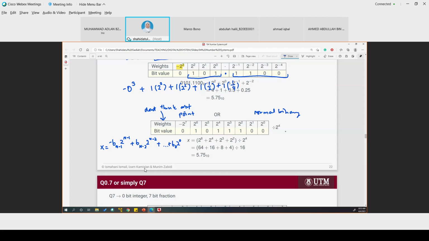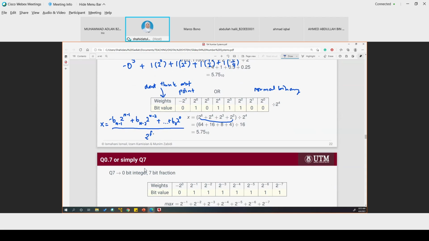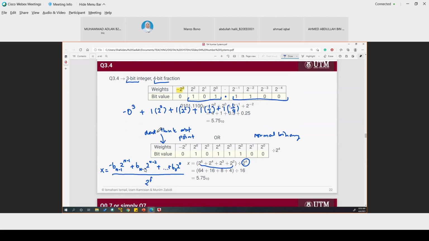Calculate this part as a normal binary, and then you divide by 2 to the power of f, where f is the number of fraction bits, which in this case, Q3.4, is 4. So f here is 4, to the power of 4. 4 is the number of fraction bits.